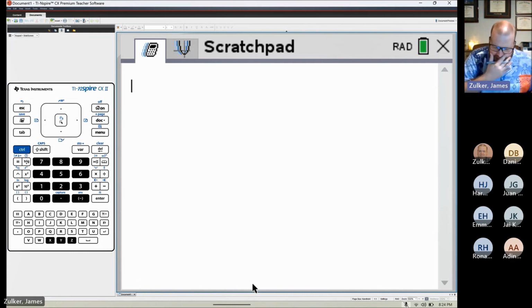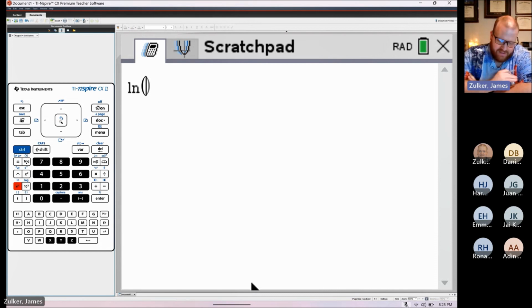Okay, so how are we going to take logs on a calculator? So natural log is easy. You just look on the calculator for the button that says e to the x, and it's control that. And let's say we want to do the natural log of my favorite whole number.